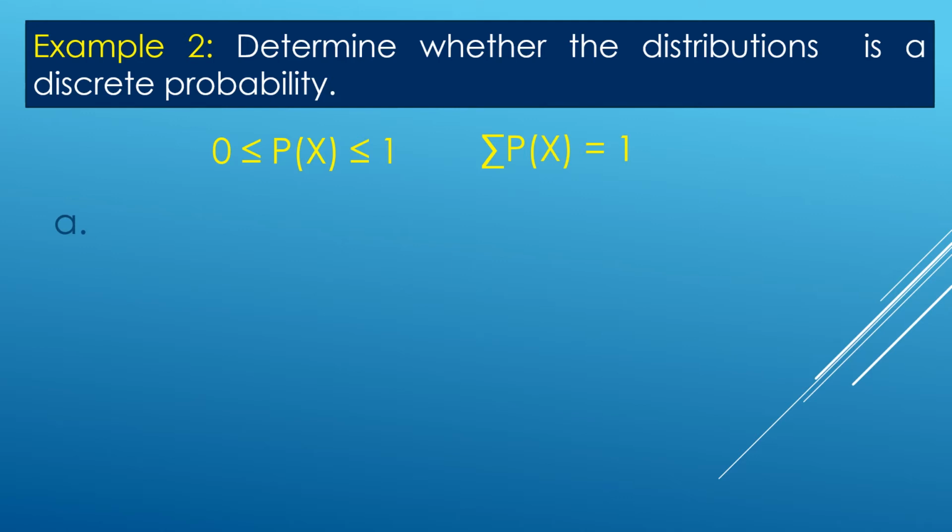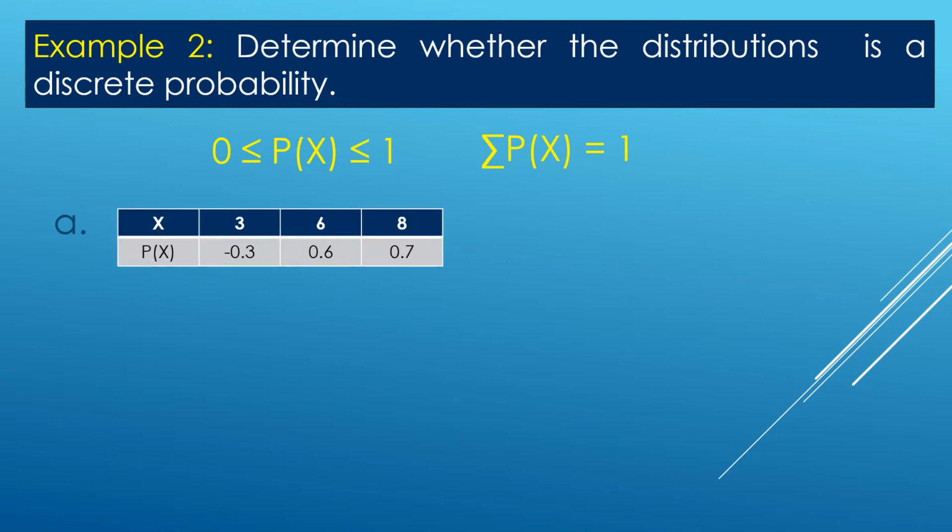So let's have letter A. Okay, so we have here the distribution. We will check whether it satisfies the two properties. We will check on the probability of random variable 3. As we can see here, the probability is negative 0.3. Is this number a number between 0 and 1?